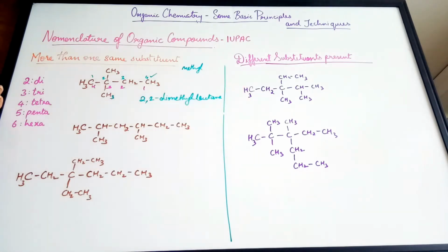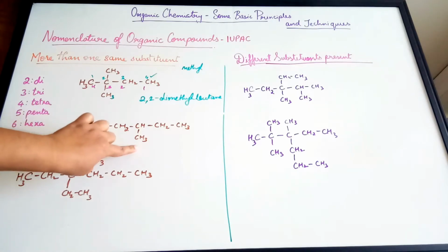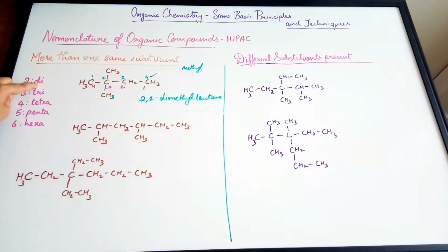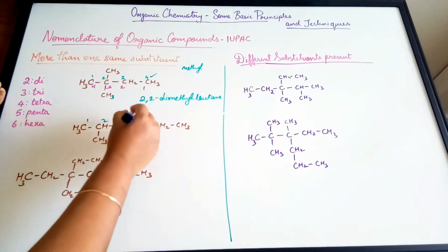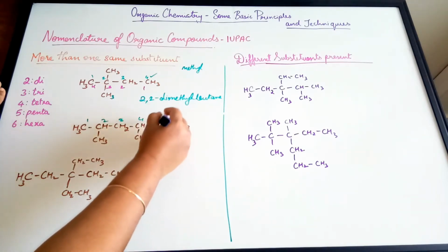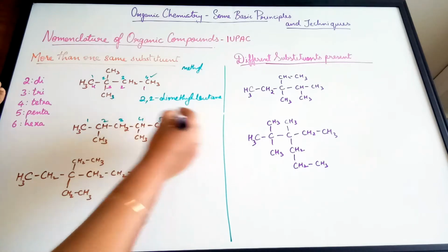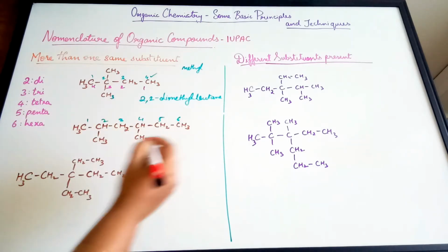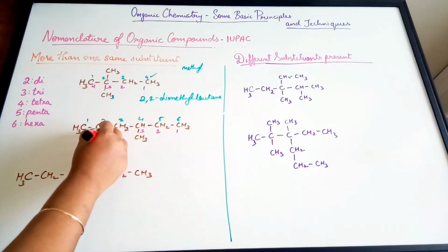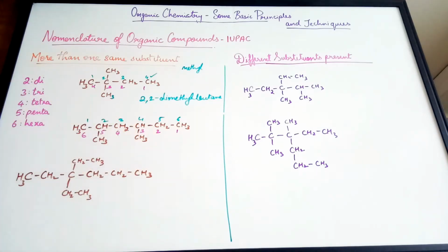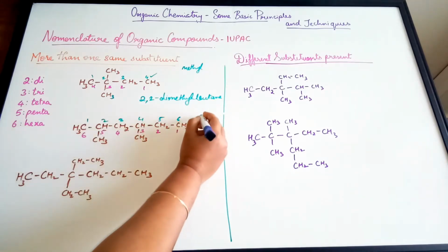That's the word root. Now in this one also it has 2 methyl groups, so it is going to be di. Now let's write the numbers 1, 2, 3, 4, 5, 6, or it can be 1, 2, 3, 4, 5, 6 from the other side. Based on what we learnt about the first point of difference rule, let's write down the substituents.